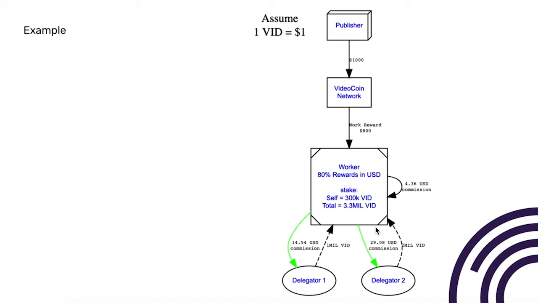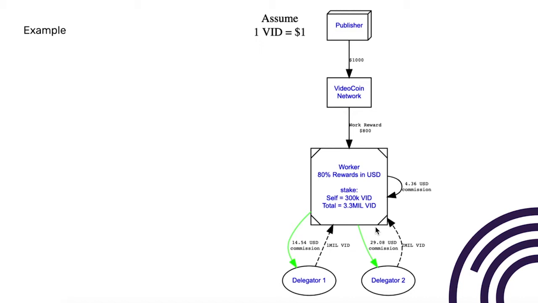So in case of WithPool, this is how it works. Your self stake is counted as a part of the stake, and you'll get whatever part of that stake as your commission, and the delegators will get their commissions as per the weights.